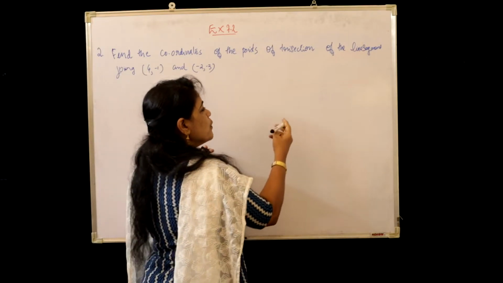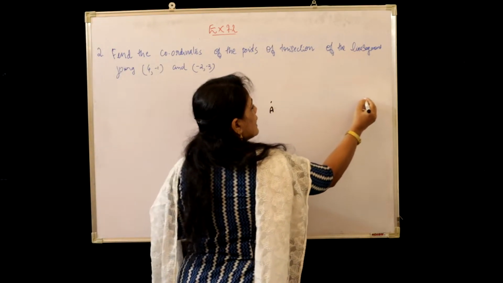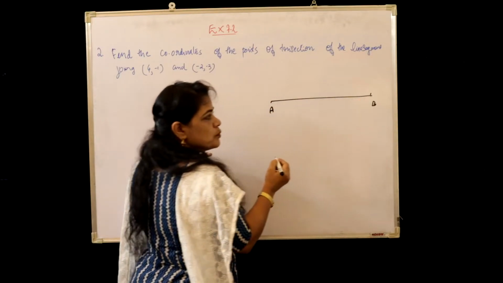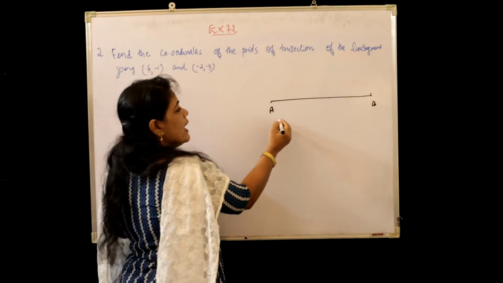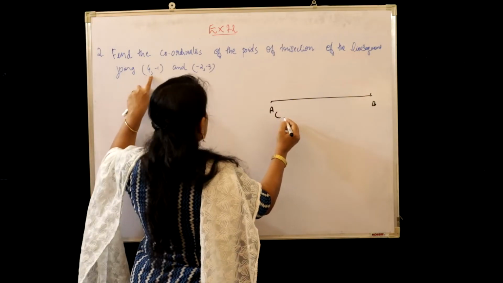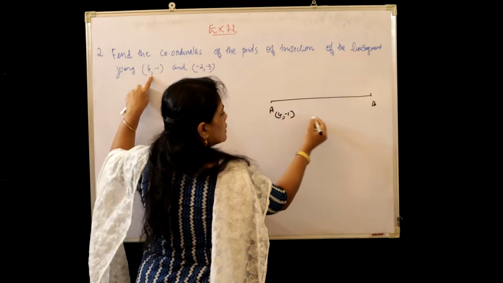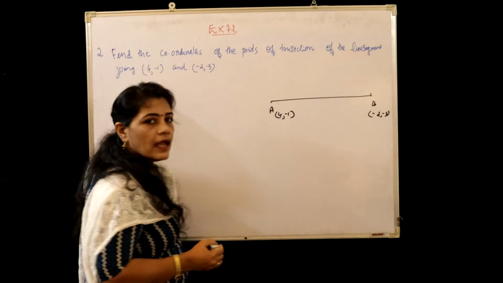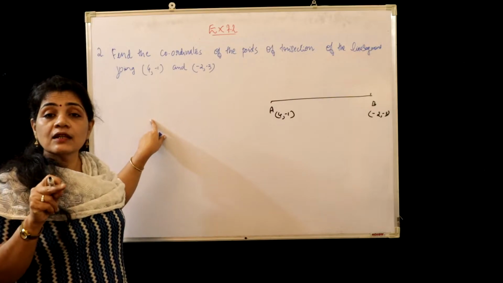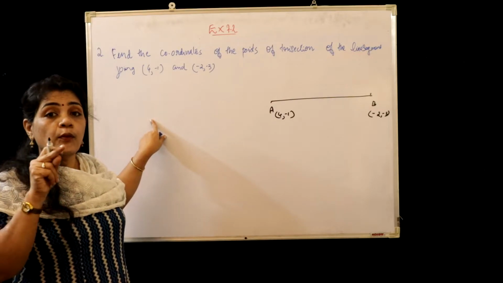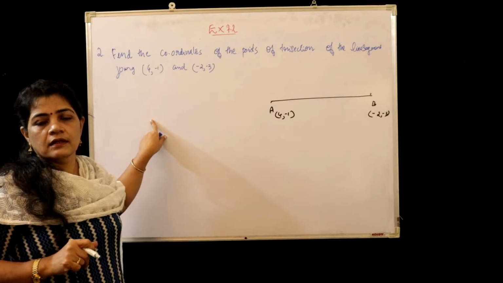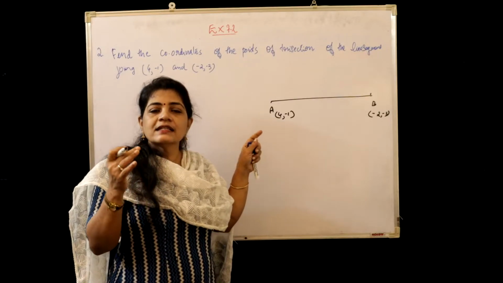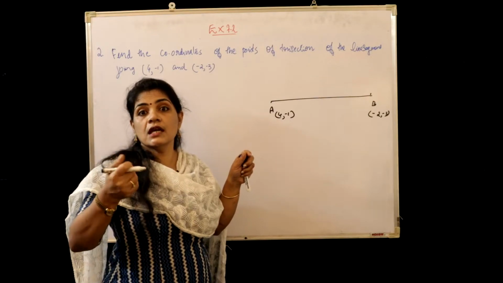Let the 2 points be A and B, and the line segment joining them is AB, where the coordinates of A are given as (4, -1) and B as (-2, -3). What we need are the coordinates of the points of trisection. See children, trisection means this AB gets divided into 3 equal parts.